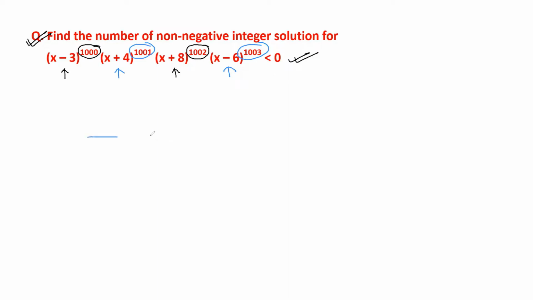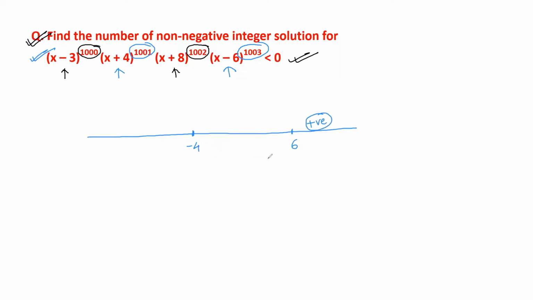If we draw the number line and put the critical points, that is −4, which would be somewhere here, and +6, which would be somewhere here, then for a value greater than 6, this polynomial would attain a positive value. So we can write positive here.